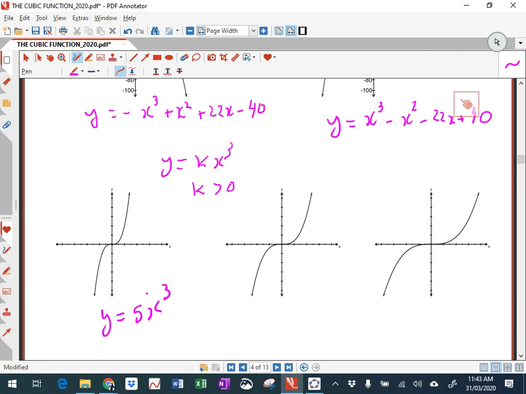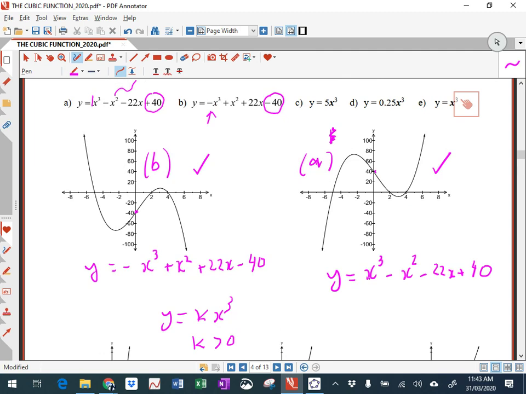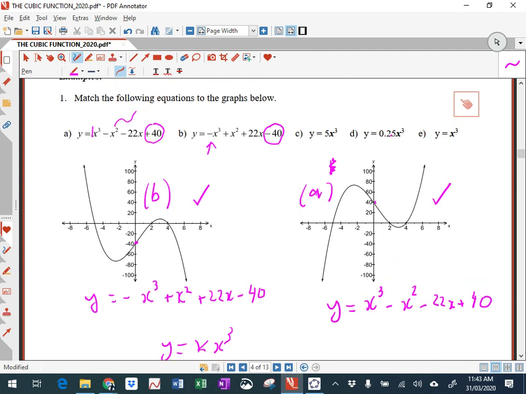The flattest one, that's not very good, is it? I have to fix that. Okay, the flattest one will have the value of k closest to 0. So that's this one here.